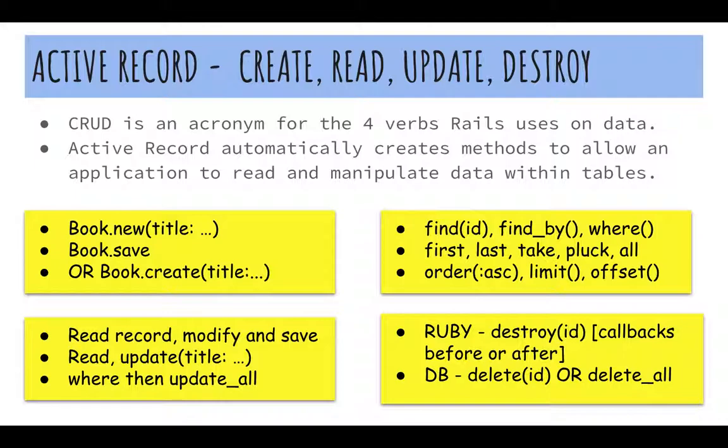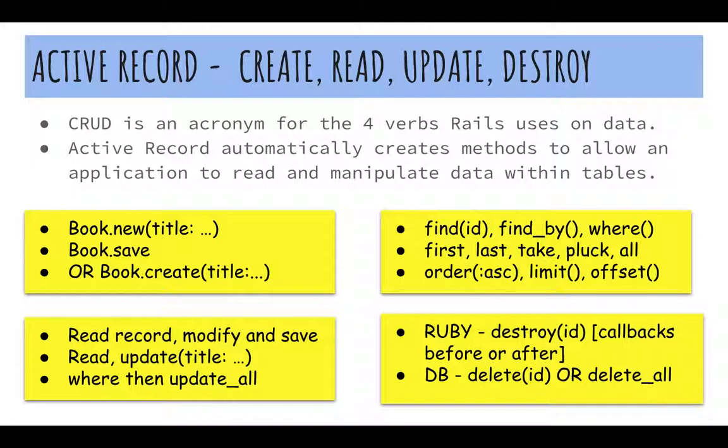We had find by, where, first, last, take, which was to take anything at random, pluck, which was to take out the titles or any particular attribute, and all. And we had order, ascending or descending, limit, and offset, which was to offset our results by 1 in the database. We had update, which was to read the record, modify and save, or just call update.